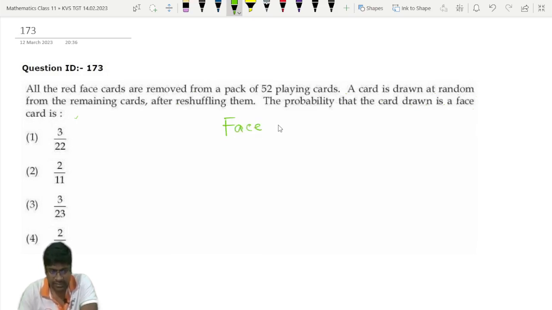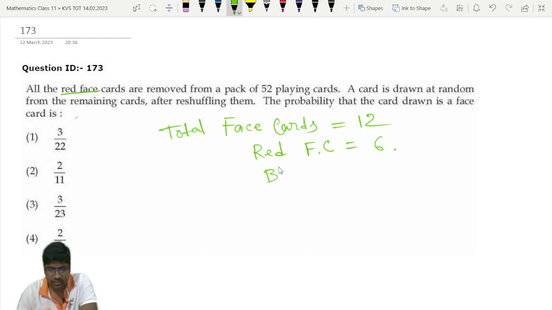So face cards: total number of face cards will be 12. Out of them, red face cards are 6 and black face cards are 6. 6 plus 6, 12. So red face cards are removed. Then how many face cards are there?